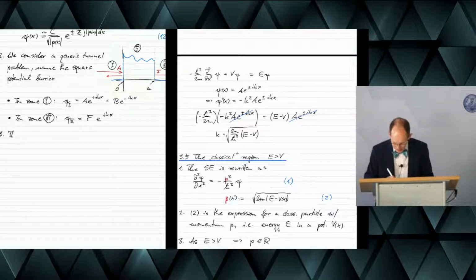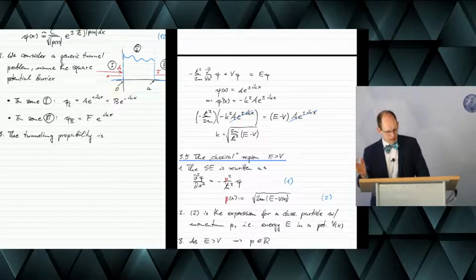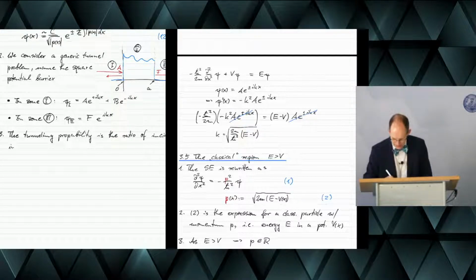So the tunneling probability is the probability that a particle gets transmitted. So it is the ratio of incident intensity in optical words, and transmitted intensity.